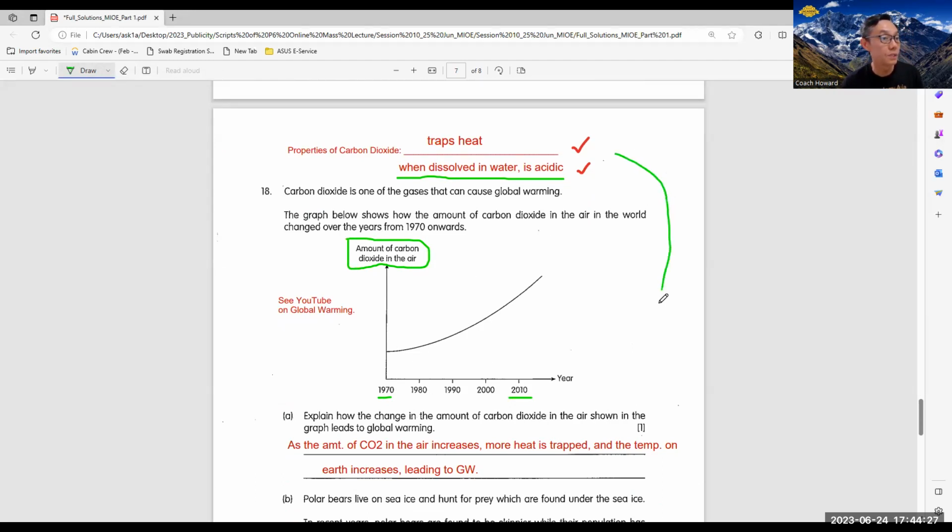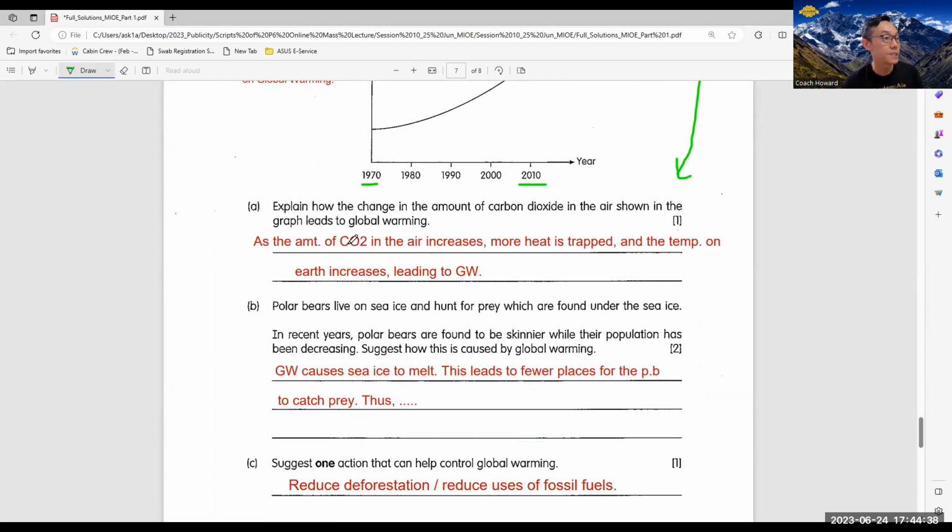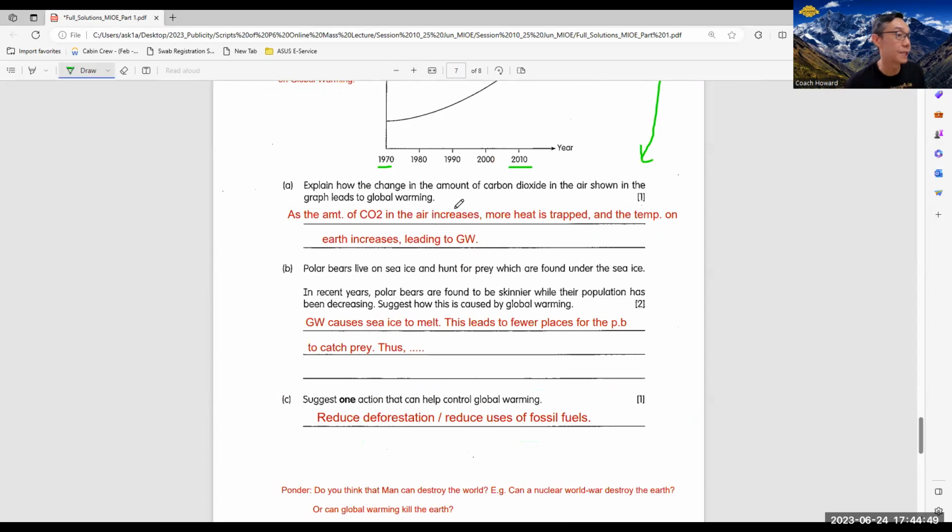Because more carbon dioxide means more heat is being trapped. So you mention this part. As the amount of carbon dioxide in the air increases, more heat is trapped, and the temperature on Earth increases, leading to global warming. Okay, GW is global warming. I put a shortcut.